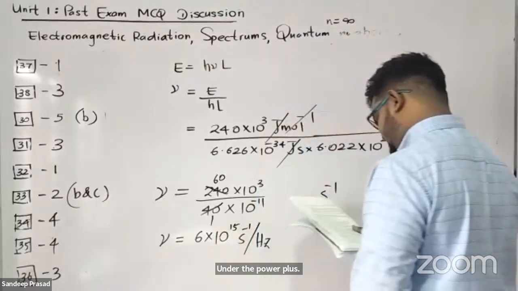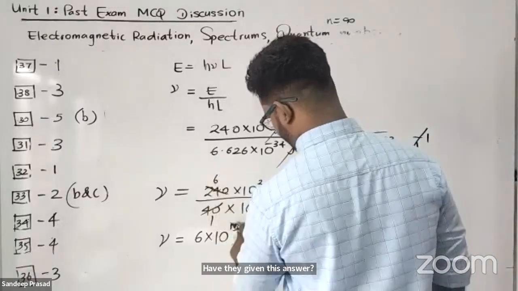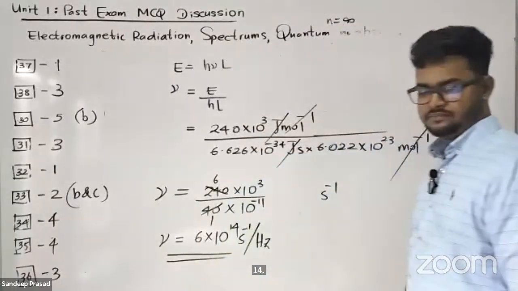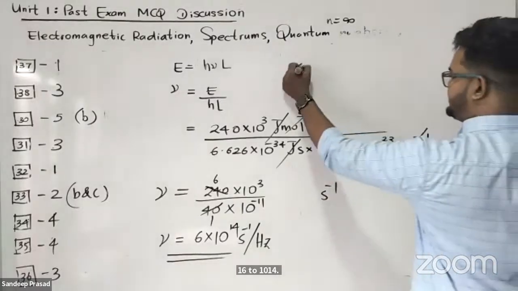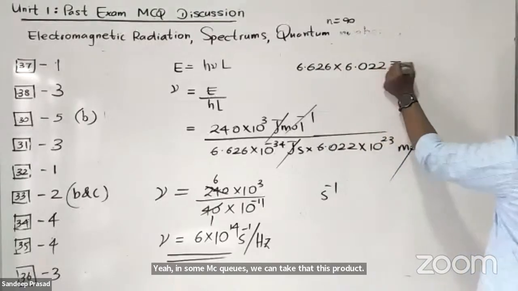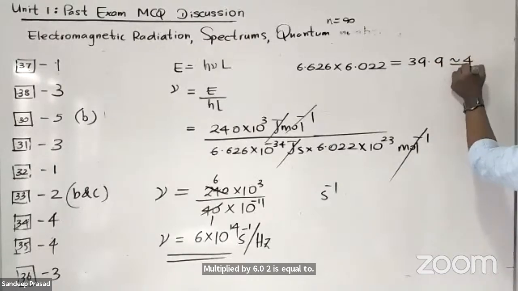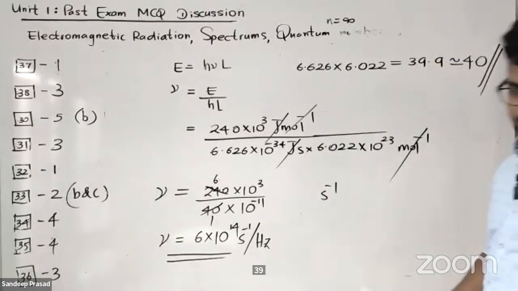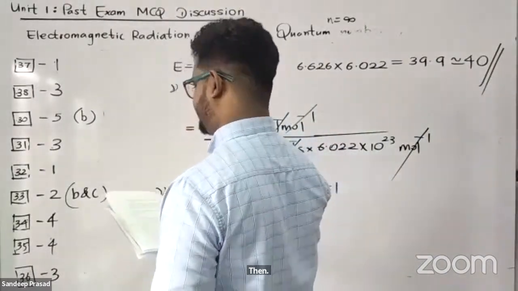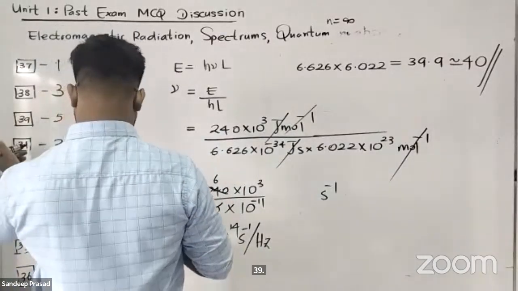Have they given this answer? Here the answer is 6, so therefore 14. Yes. Frequency is 6 × 10 to the power 14, right? In some MCQs, we can take that this product 6.626 multiplied by 6.022 is equal to 39.9, approximately 40. We can take it like that. Okay. Then the answer for question 39 is the fourth one.